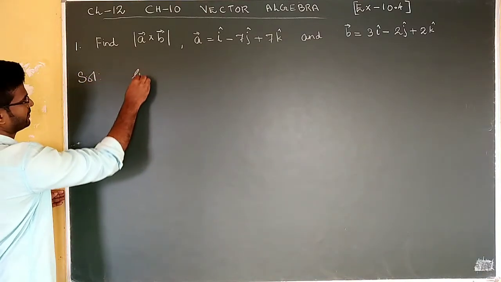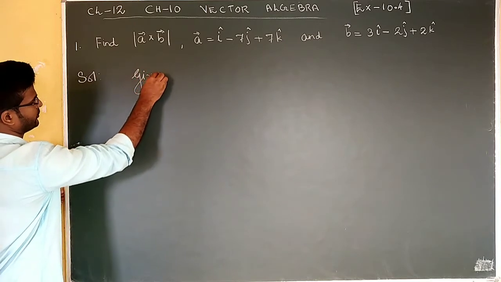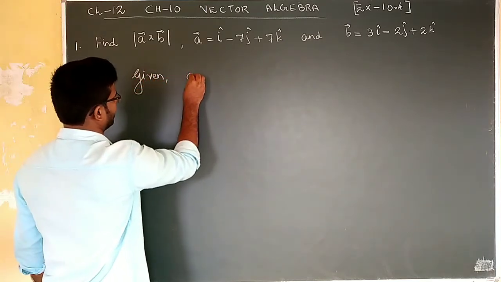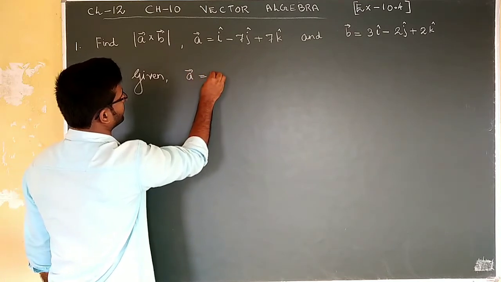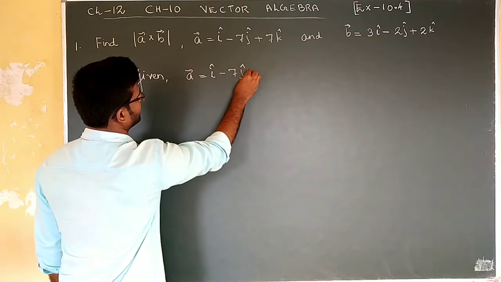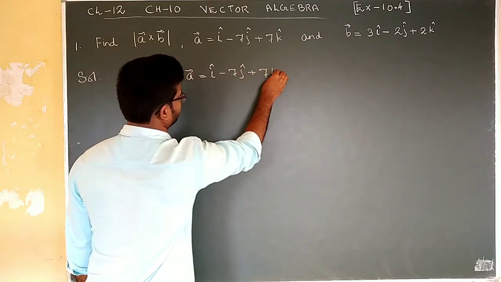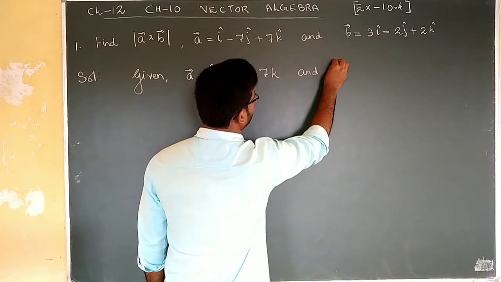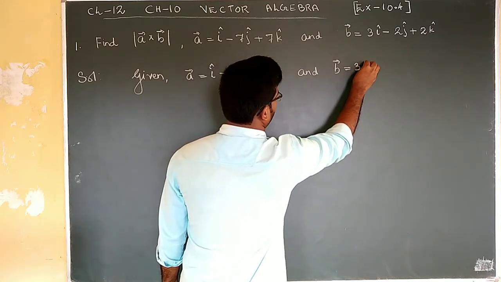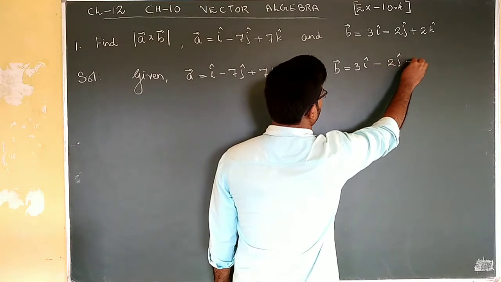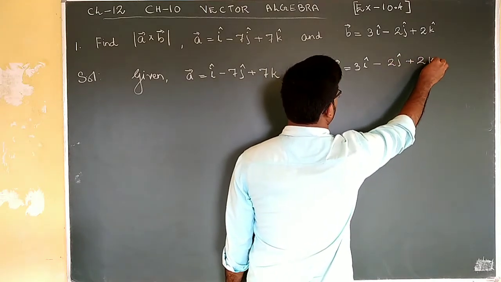First we can write what is given. Two vectors are given. A vector equals i minus 7j plus 7k and B vector is 3i minus 2j plus 2k.